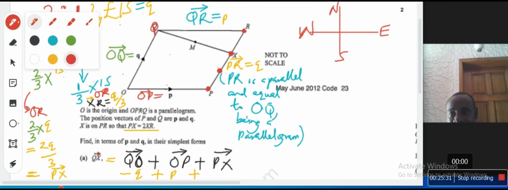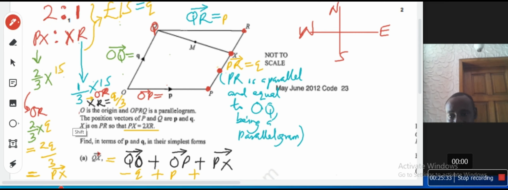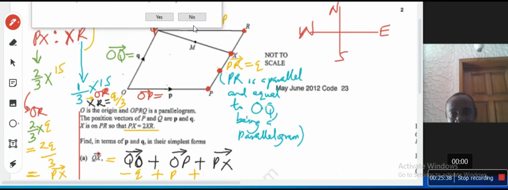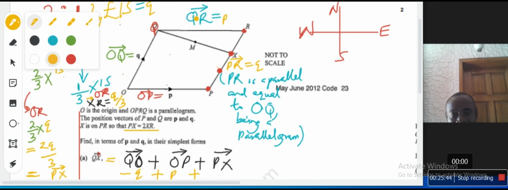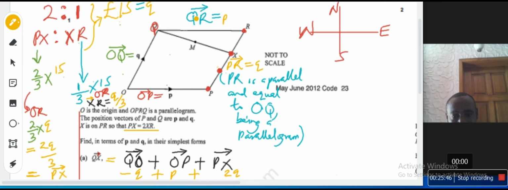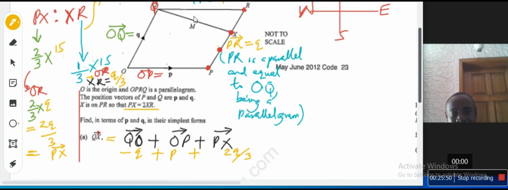So that's 2Q over 3. 2Q divided by 3. So our work is just to simplify this, because it says in their simplest form, and you get your full mark.